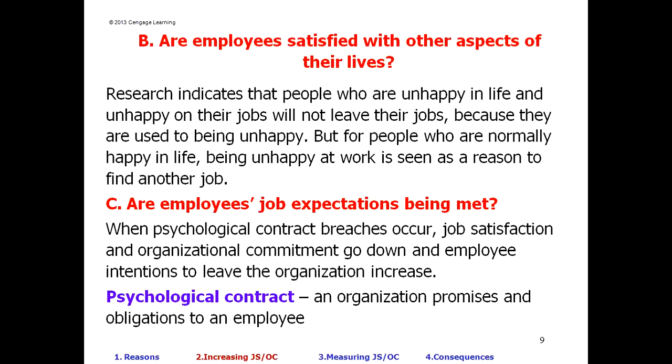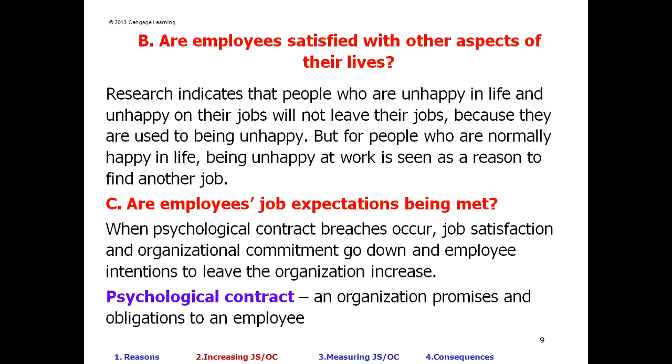C, are employees' job expectations being met? When psychological contract breaches occur, meaning a kind of contract that is verbal between two employees or two individuals, job satisfaction and organizational commitment go down. An employee's intention to leave the organization increases, meaning they are unhappy and not satisfied.